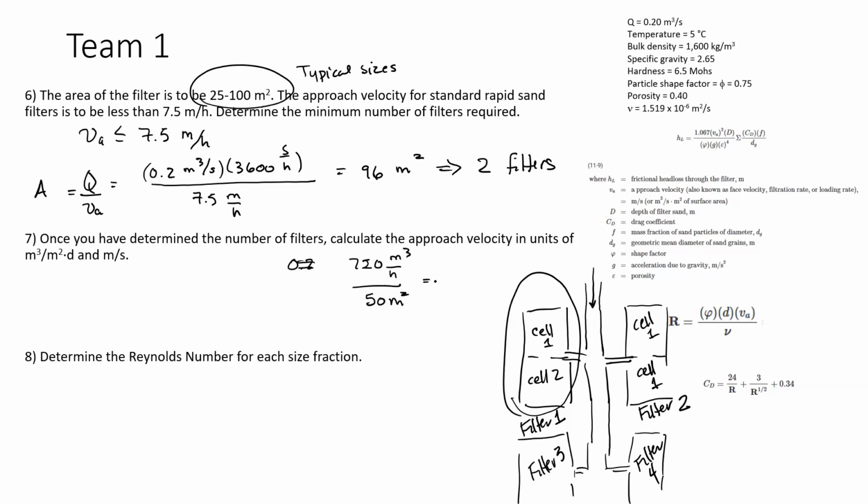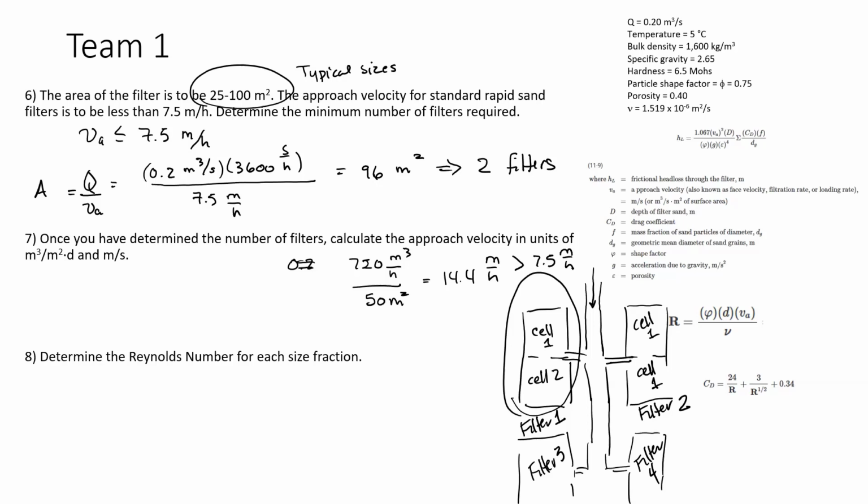So if we say that we only have 1 filter because the other filter is out of service, what is our approach velocity? It's 14.4 meters per hour. Okay, so that exceeds the 7.5 meters per hour.